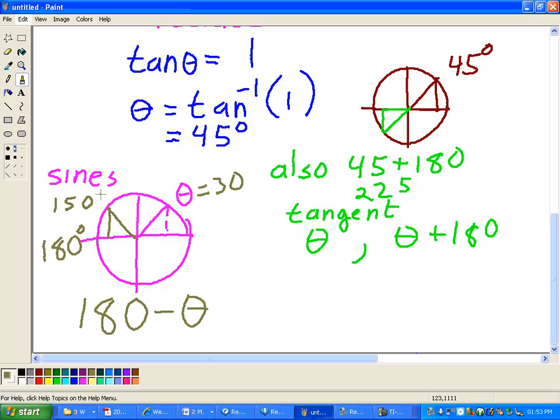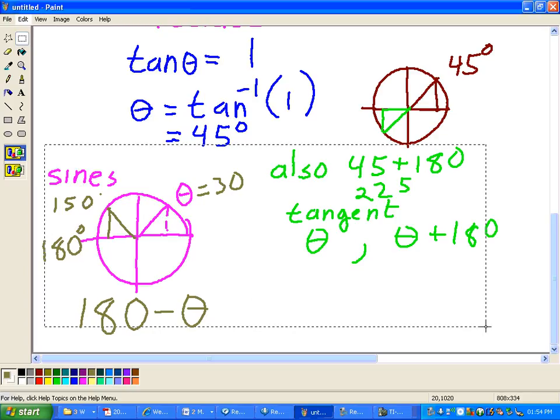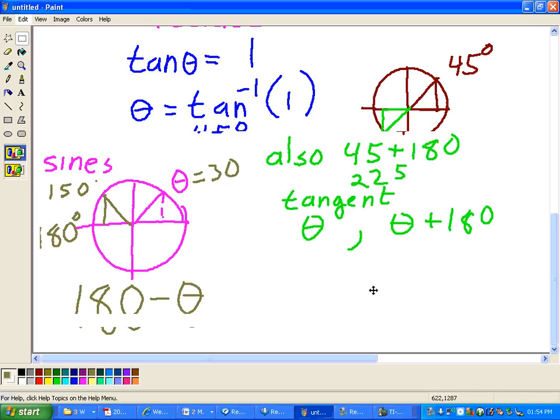One last thing we need to figure out, and that's for cosine.